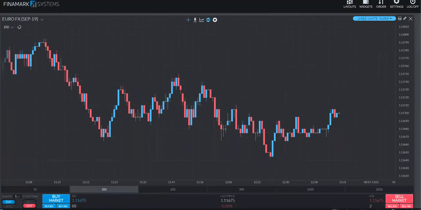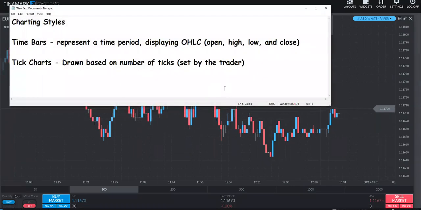Now, what are volume charts? Well, let's give ourselves another note here, shall we?